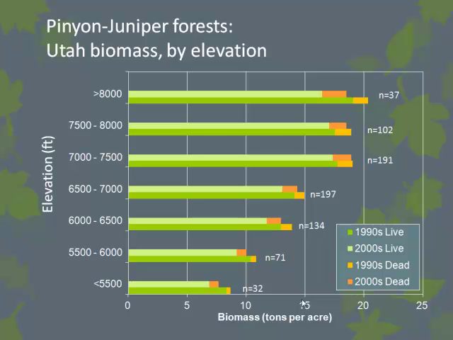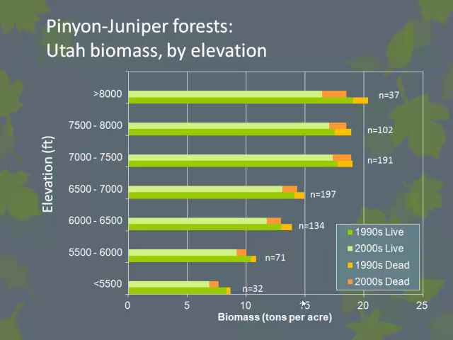And this kind of corroborates what Justin showed in terms of his simulated biomass accumulation, is that the biomass per acre is generally highest in that sort of sweet spot at 7,000 to 8,000 feet.